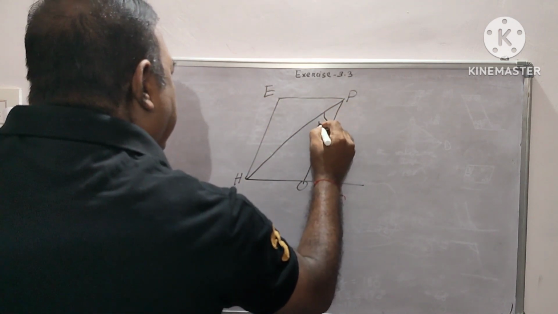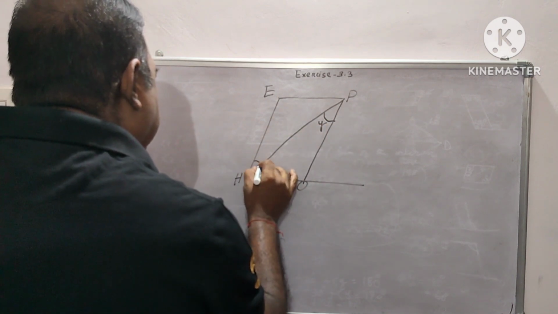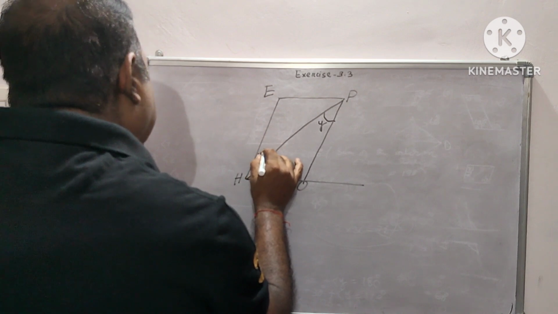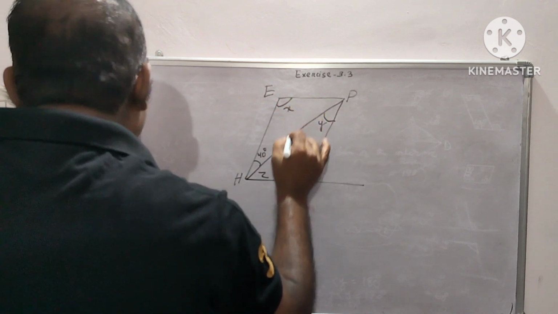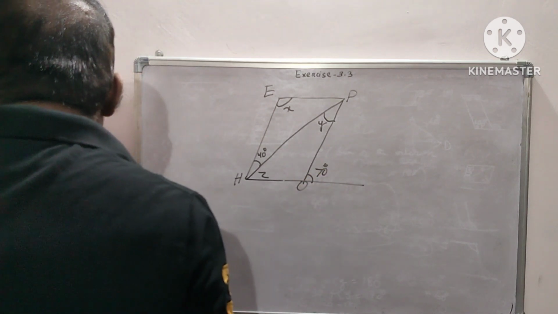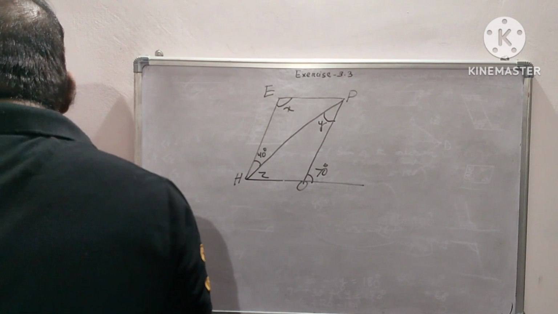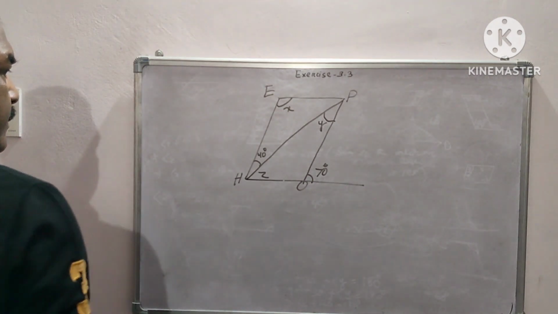This angle is y, this angle is z, this angle is 40 degree, this is angle x, and this angle is 70 degree. So we have to find out the measures of x, y and z and state the properties you use to find them.